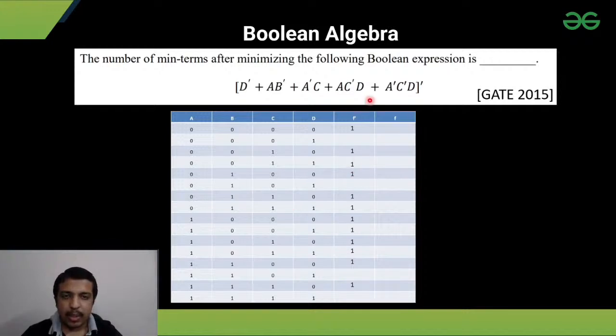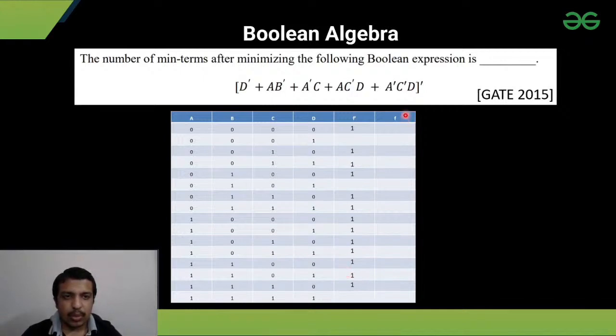Now we'll mark those places where a is 1, c is 0 and d is 1. So a is 1 below this particular position, c is 0 here, right? So a is 1, c is 0 and d is 1. So we'll mark this position.